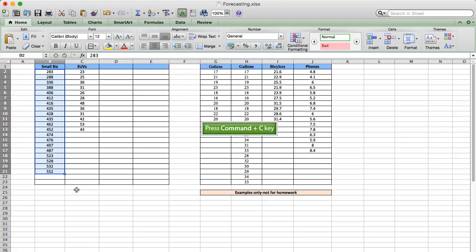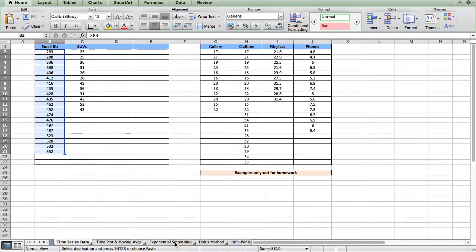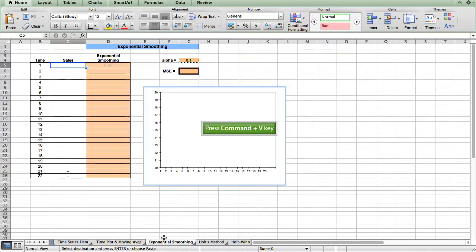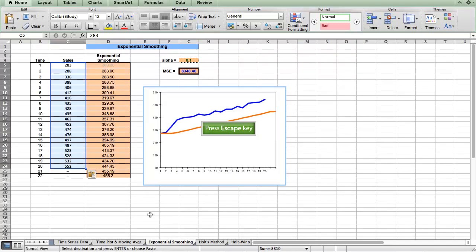A good way to use averages, but to correct for what the moving average does, namely giving each time period equal weight, we could use simple exponential smoothing. So I'm going to take the sales data and add it to the worksheet exponential smoothing.